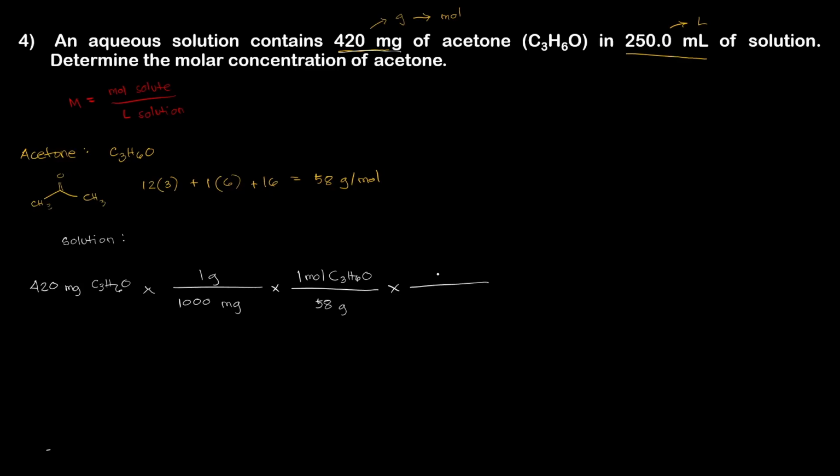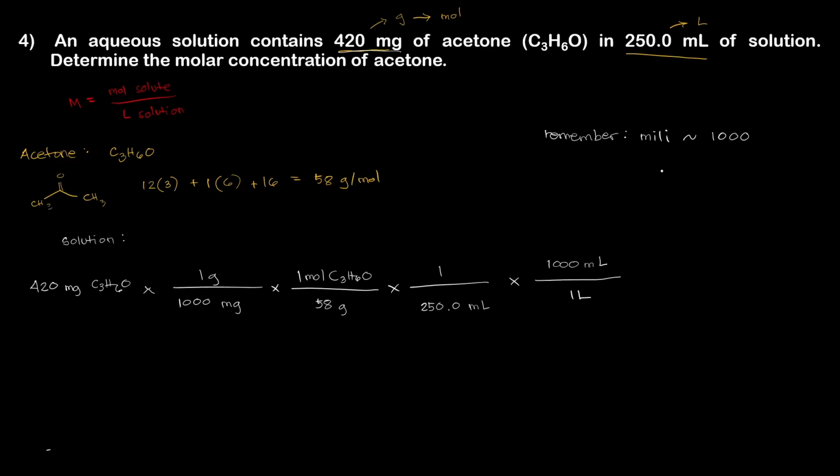We need the liters of the solution. Okay, but it was given in ml. So let's convert that to liters. So 1000 ml is 1 liter. Okay, always remember, because this is pretty common, especially when there is milli. So the milli form is 1000 and its non-prefix form.